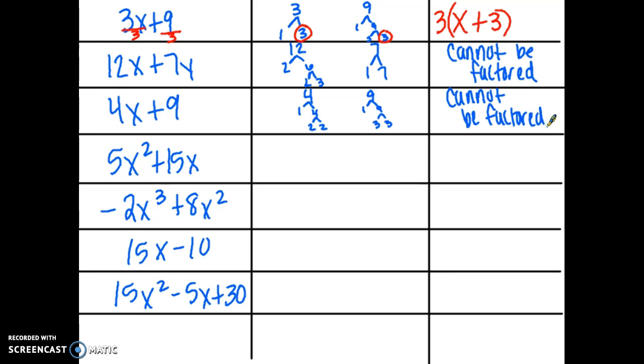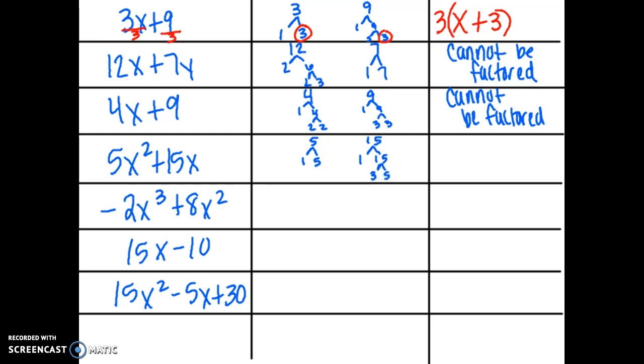All right, number 4, 5x squared plus 15x. So I have 5 and 15. 5 can be factored by 1 times 5. 15 is 1 times 15, and 15 is 3 times 5.